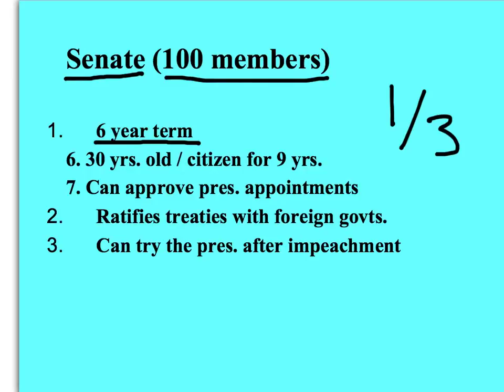I will explain this in class. I'll actually draw this on the board because I know this can be a little bit confusing. But a third of the members are up every 2 years. And the reason for that is they don't want... now think about this. House of Representatives, they have to run for re-election, all 435 every 2 years.